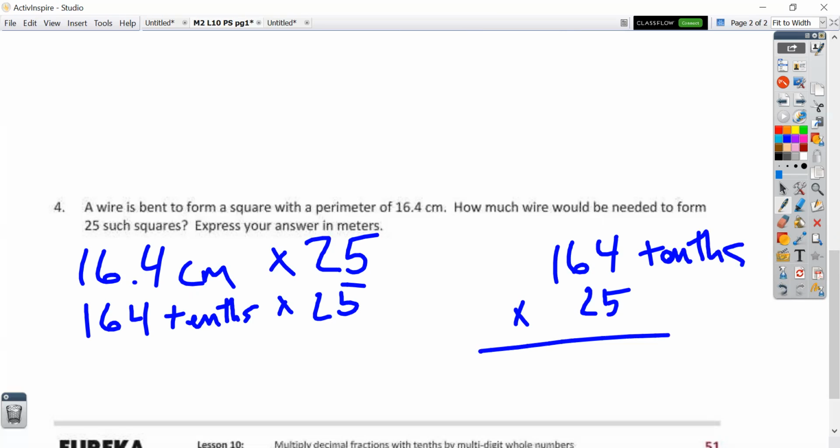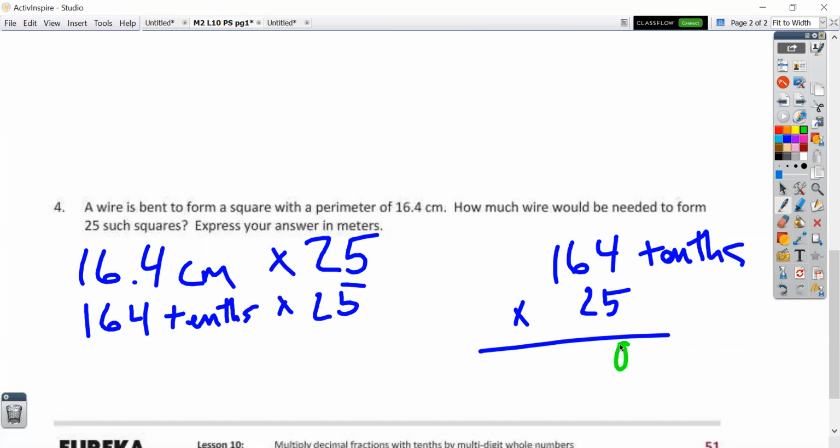I almost forgot to write it. We know how to do 164 times 25, but it wants us to convert it back to standard form and especially meters. So we're going to have to go from centimeters to meters. So we'll talk about that in a second. But really, I want to see the multiplication of 164 times 25 accurate, and then we'll work on those pieces.